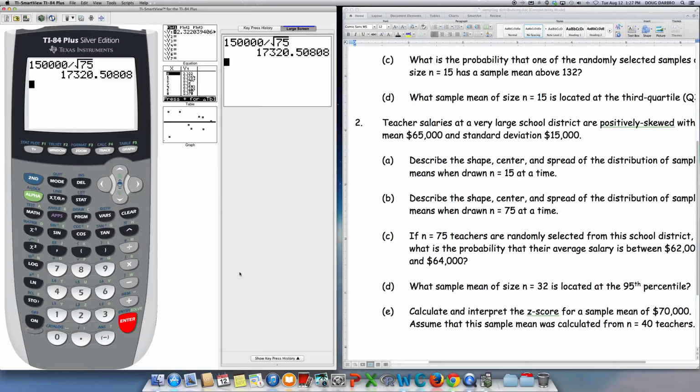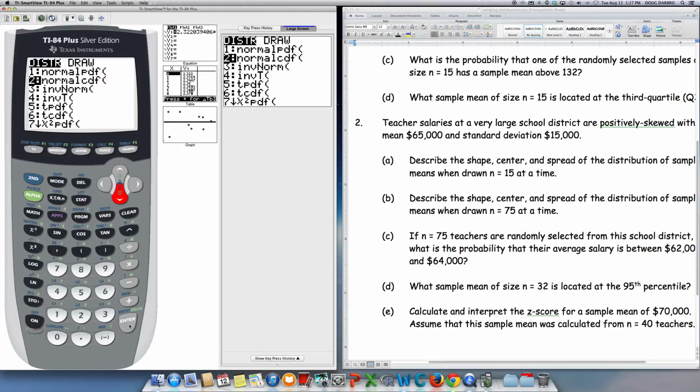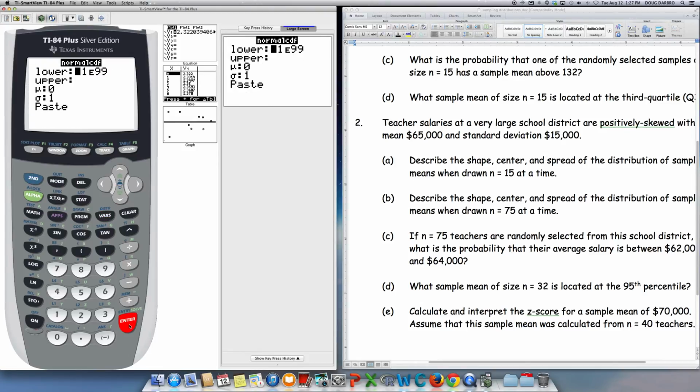All right, gang, part C. If 75 teachers are randomly selected, what's the probability? Starts with a P, no brainer. Get your students thinking. P key. So probability, their average salary.